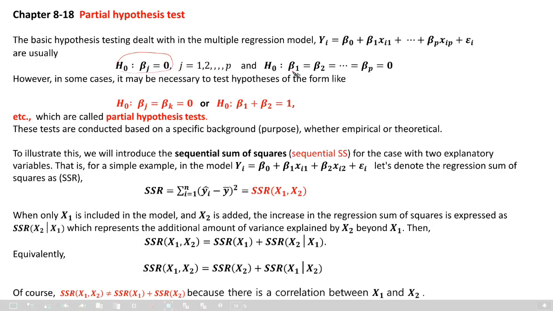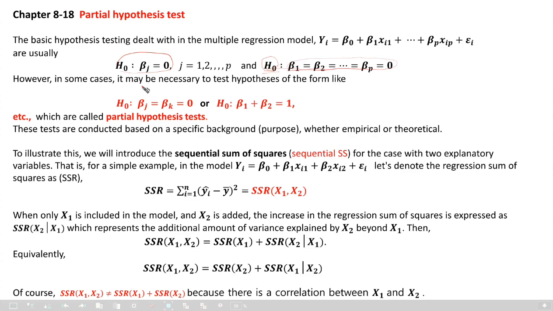And H naught: beta 1, beta 2, ..., beta p all equal to 0, meaning all the explanatory variables are useless. This null hypothesis is almost always rejected.